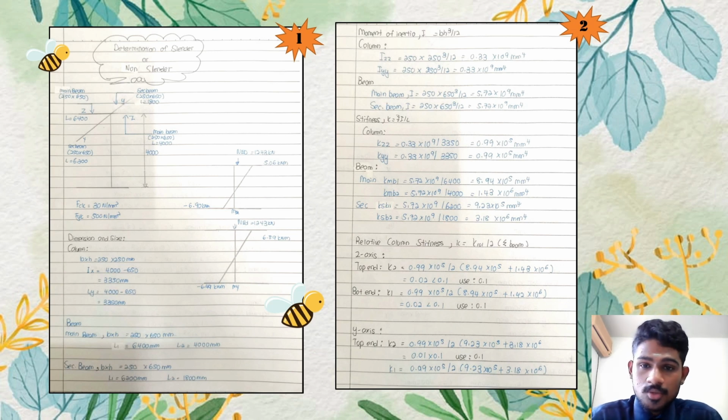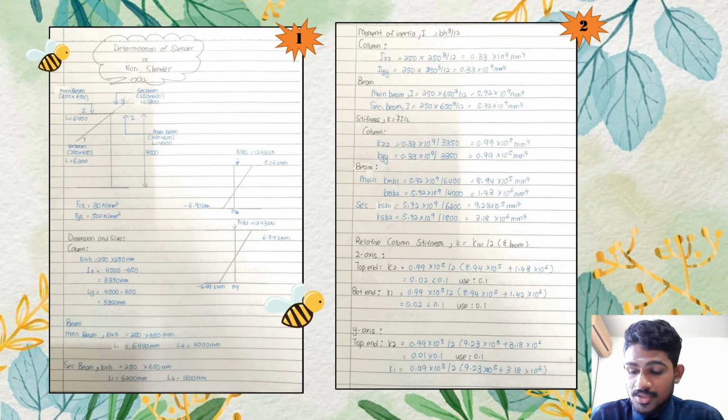So for Iyy is equal to 250 times 250 to the power of 3 divided by 12, equal to 0.33 times 10 to the power of 9 mm⁴. For the main beam, I is equal to 250 times 650 to the power of 3 divided by 12, you will get a value of 5.72 times 10 to the power of 9 millimeter⁴.